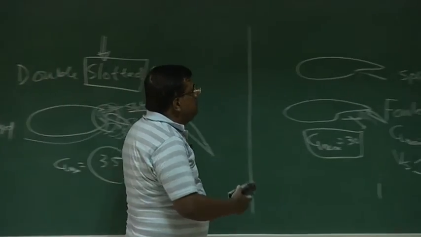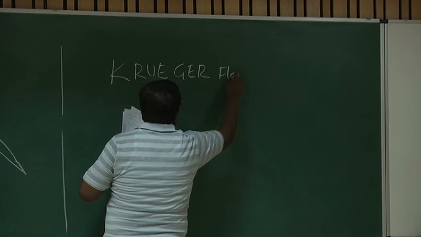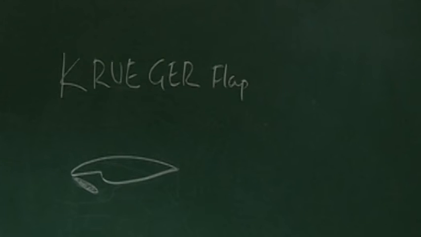I'm just mentioning a few types of flaps, and as and when required, I'll be more specific on a particular type of flap for a particular airplane. There is another type of flap which has also drawn a lot of attention. Just for completeness, I am mentioning the Fowler flap, and that is something like this.